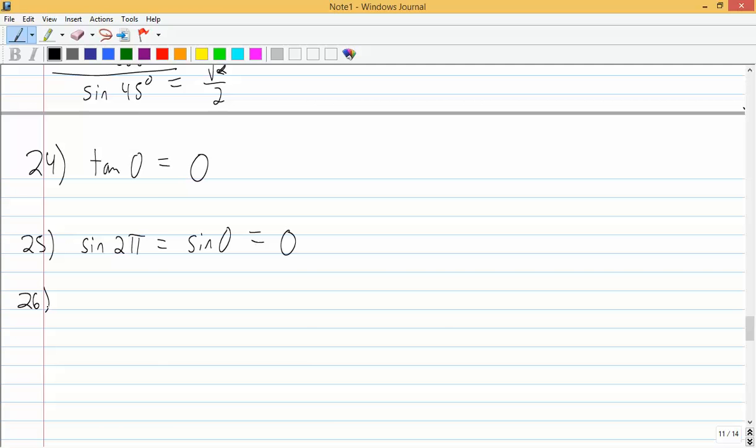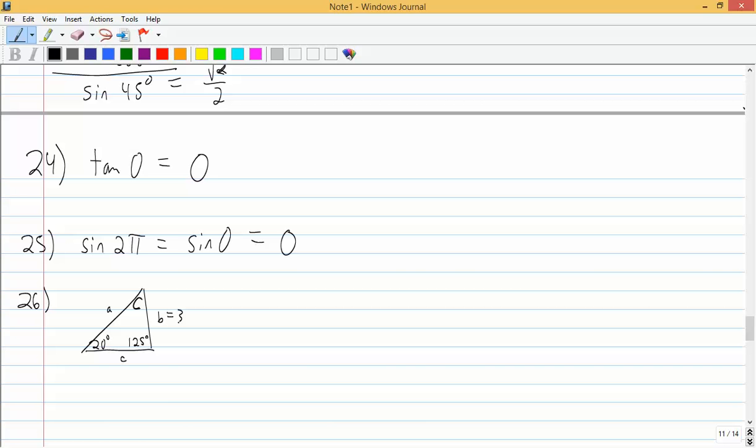Number 26, solve the triangle. So I have, this is 20 degrees, this is 125 degrees, this is side C, this is side A, this is angle C, and that would make this side B, and it's equal to 3.